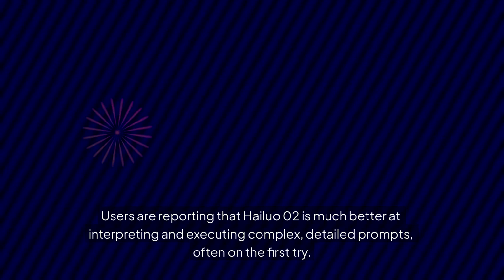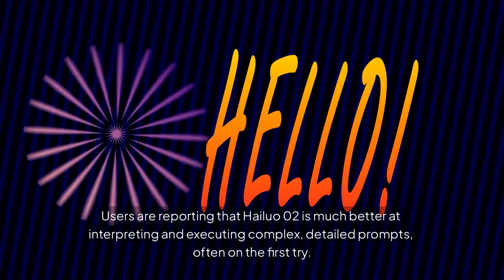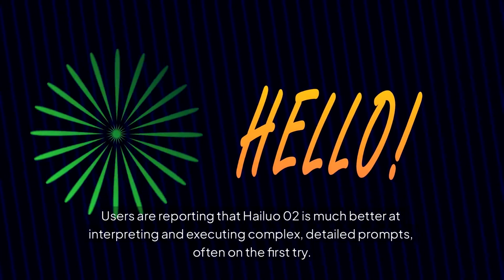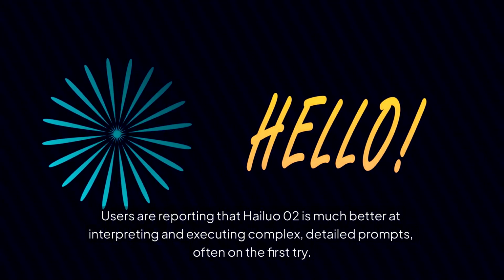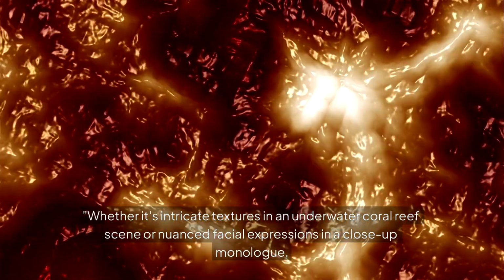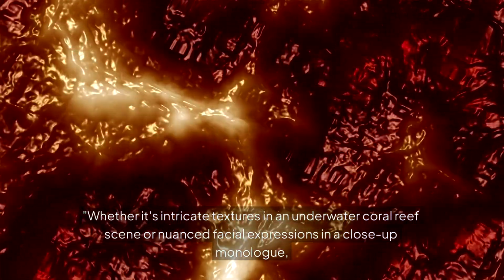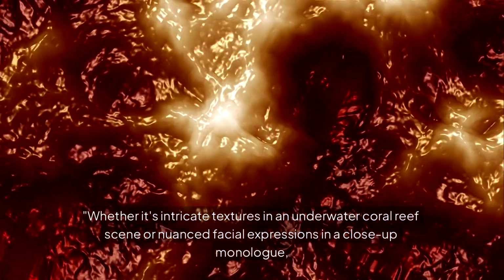Users are reporting that Hailuo 2 is much better at interpreting and executing complex, detailed prompts, often on the first try. Whether it's intricate textures in an underwater coral reef scene or nuanced facial expressions in a close-up monologue, Hailuo 2 consistently delivers higher clarity and detail.